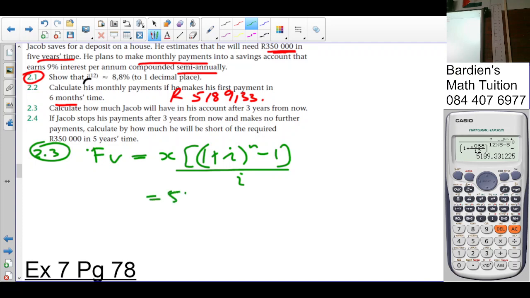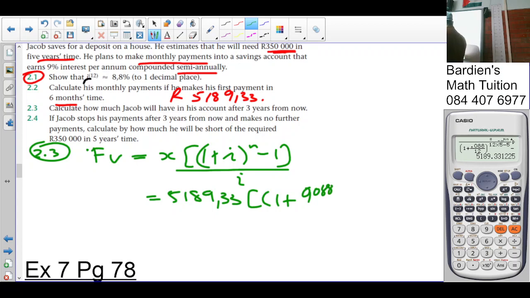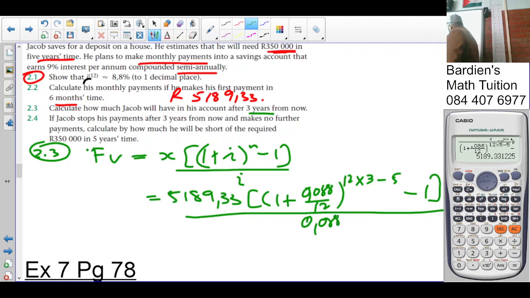So the monthly installment is 5,189.33 cents into 1 plus the interest here, 0,088 over 12 to the exponent 12 times 3 years minus 5. Why minus 5? It's only starting 6 months from now. Okay? Minus 1 over i, so 0,088 over 12.